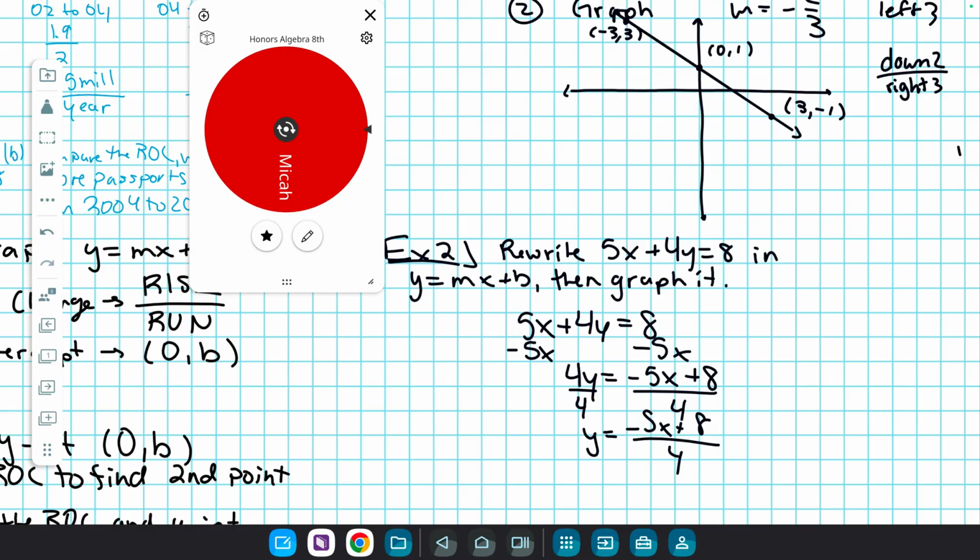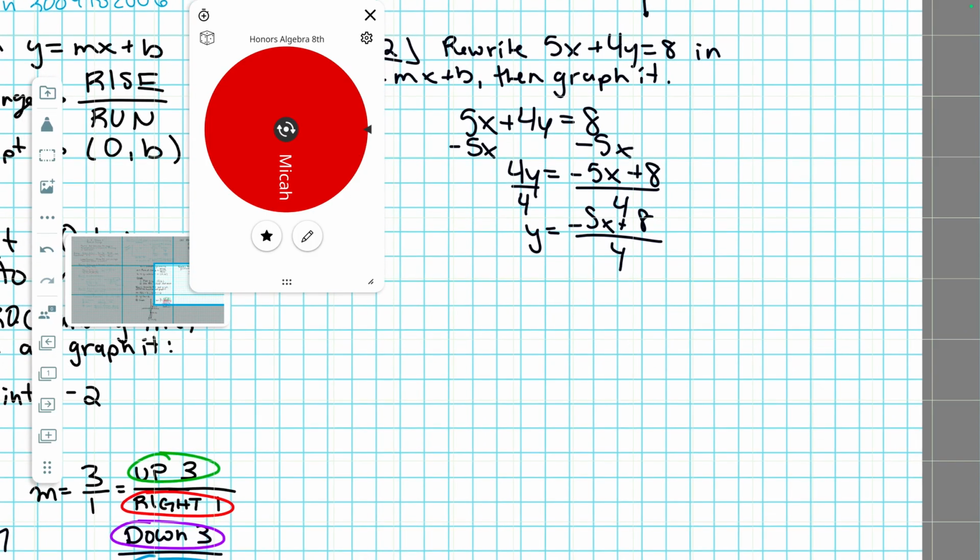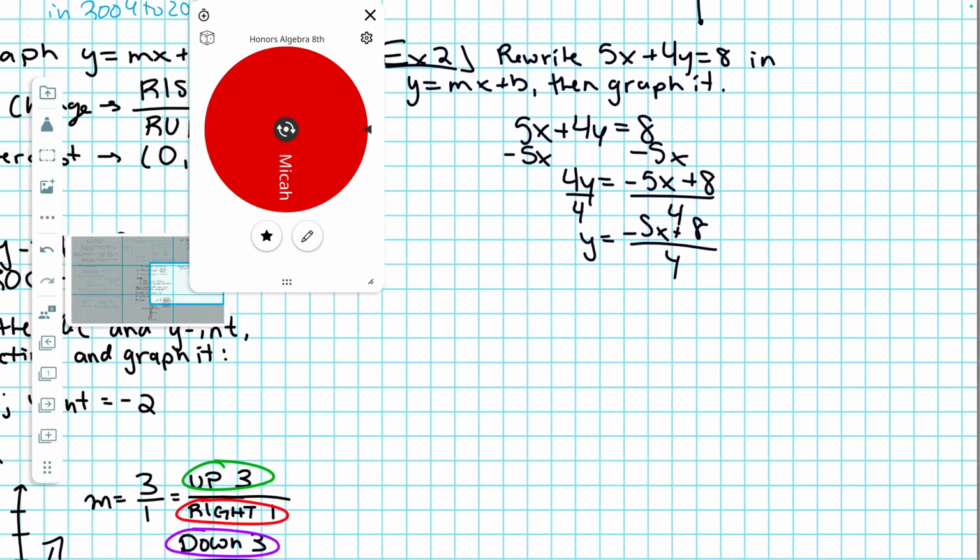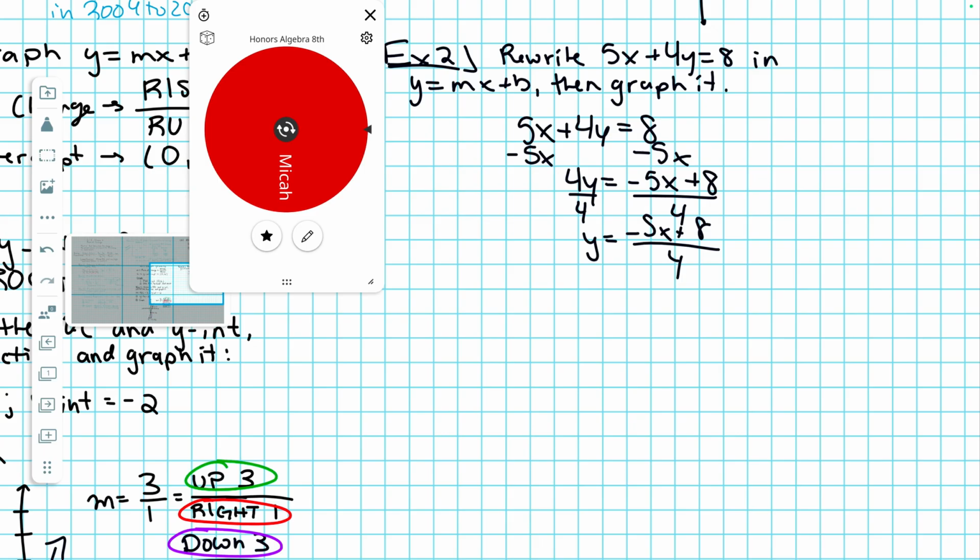So how do you think we're going to rewrite this? You could just divide everything by 4. You could do 5 over 4x plus 2. Good. All right. So when we do problems like these, we can take that divide by 4 and put it to each piece. Okay? Alrighty.